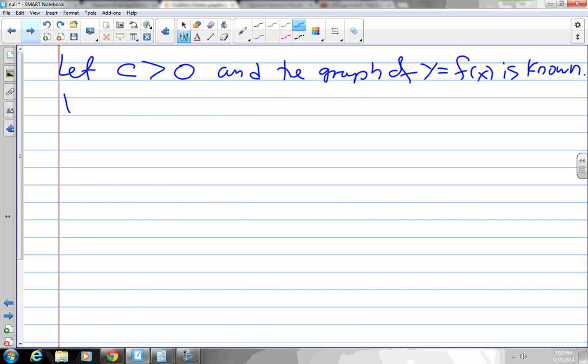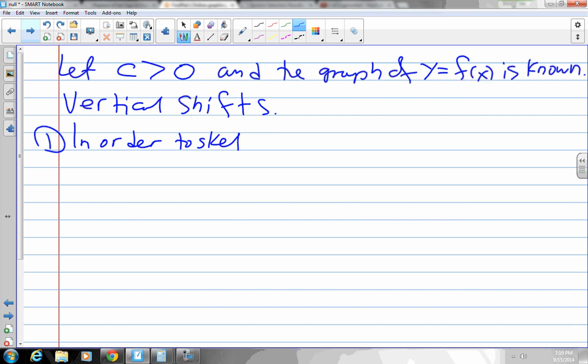The first list, we'll call them the vertical shifts. So in order to sketch the graph y equals f of x plus c, and I'm going to continue the sentence, but let's think about what I'm writing here.